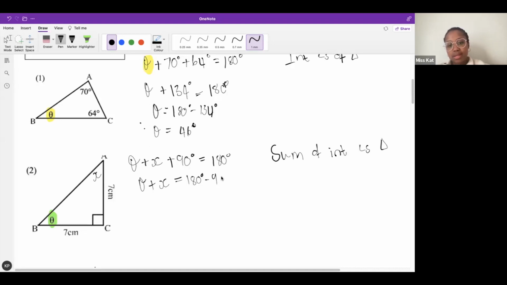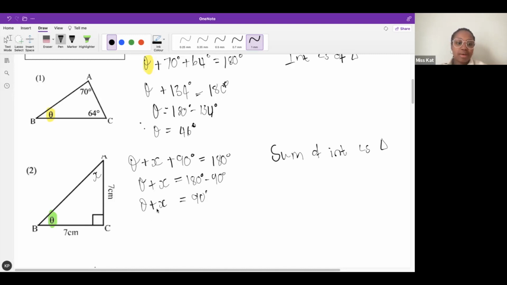Beautiful. So theta plus X is equal to 90. Okay, now what? I think we can divide it by 2.